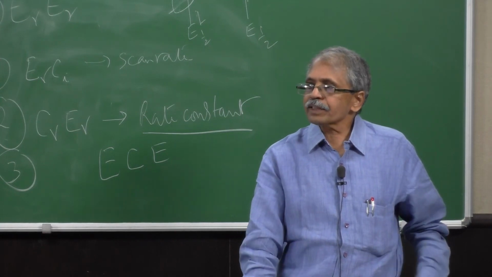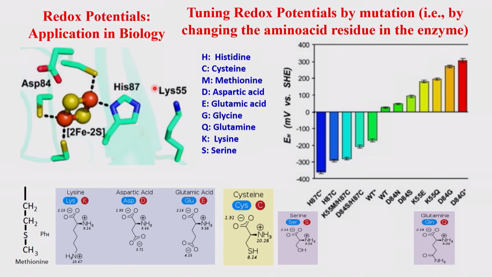Not only that, you can extend this to biological systems. This is a copper metalloprotein, having some amino acids nearby. If you change this amino acid from histidine to cysteine, methionine, aspartic acid, etc., the structures are shown here, their redox potential changes. Some of them become very negative, some become positive, and you have a range. That means you are tuning the potential of the particular protein, in this case an iron sulfur protein, by changing this group.